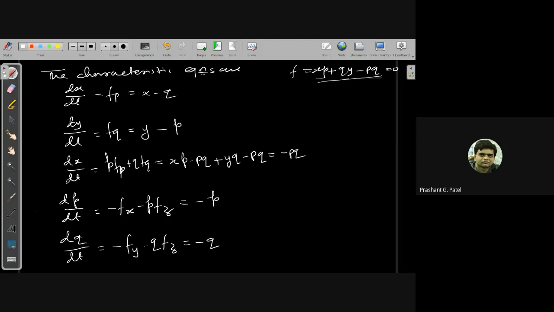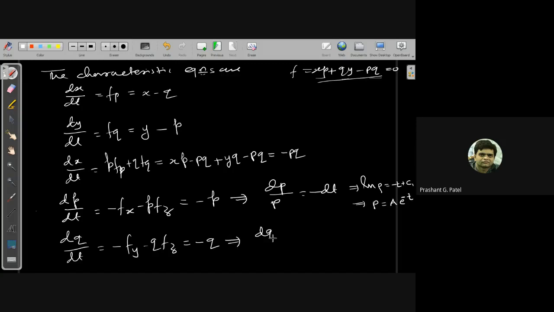Now you just see this equation. This will imply dp by p equal to minus dt. So that will give me ln p equal to minus t plus some constant c1. So that will give me p equal to a e power minus t.